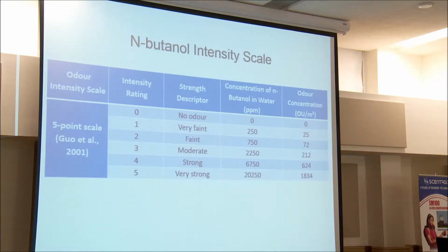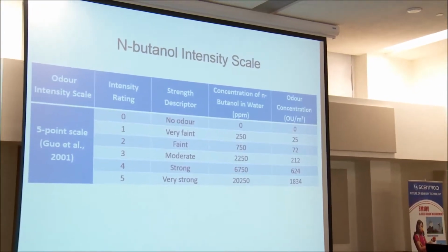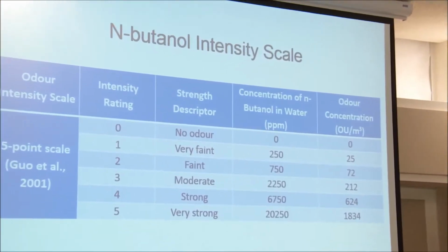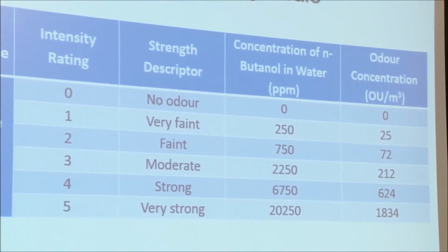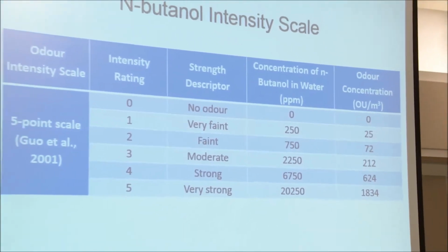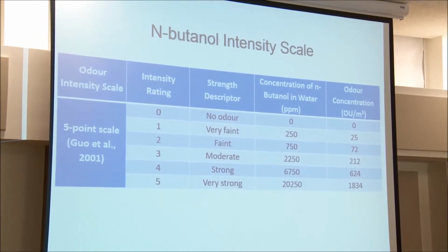Intensity 2 is a faint odor, concentration of 72 OU. And then level 5 is a very strong odor, over 1,800 odor units. So we ask the panelists to memorize the strengths of each level of odor. When they do the measurement, they try to match the sample odor strength with the level on the butanol scale. So they assign odor intensity accordingly.